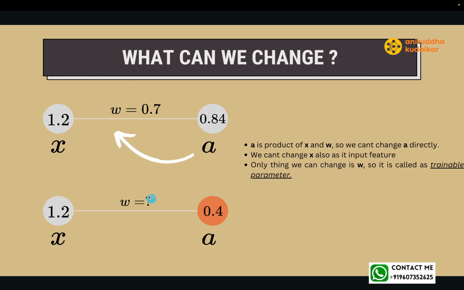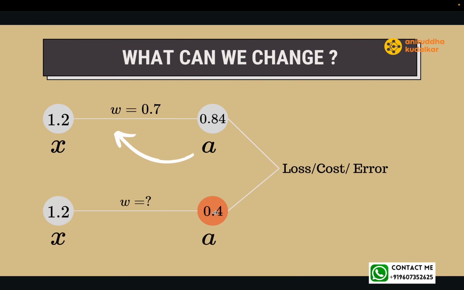Now I want to change W in such a way that the output comes down from 0.84 to 0.4. The difference between the predicted output and the desired output is called loss, cost or error.